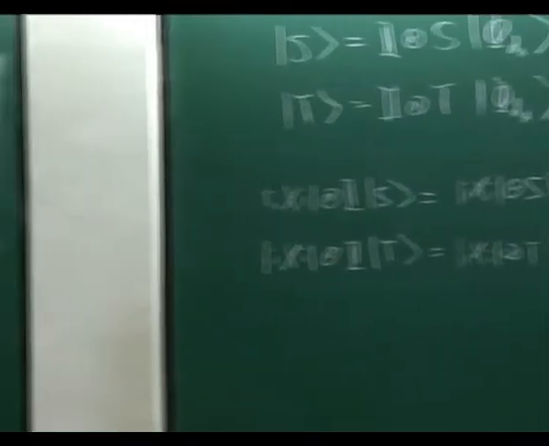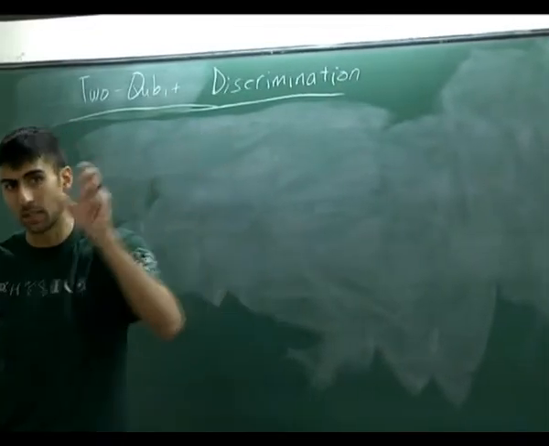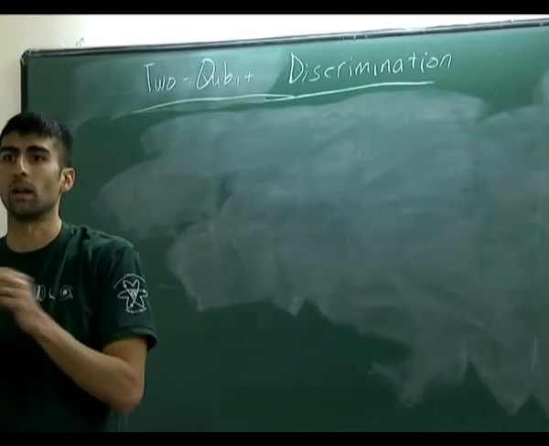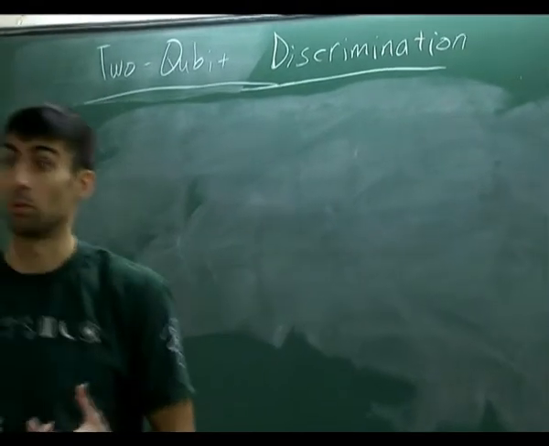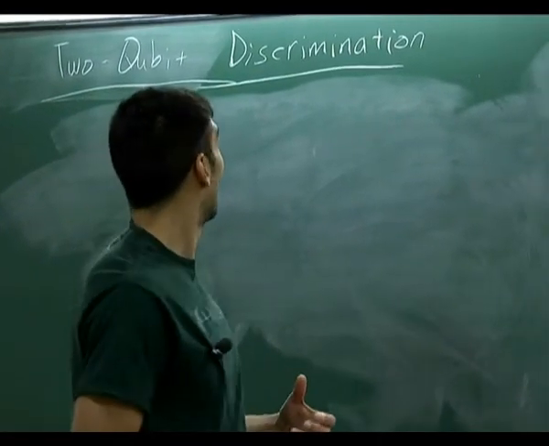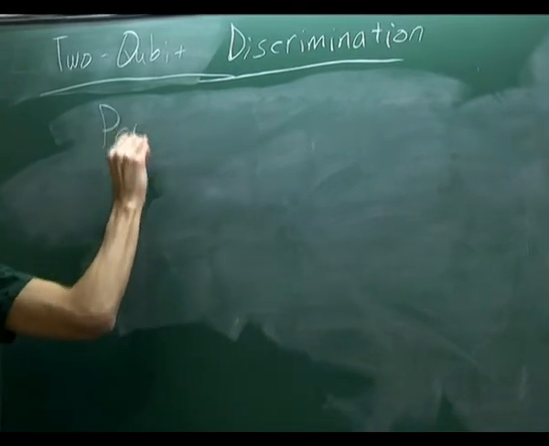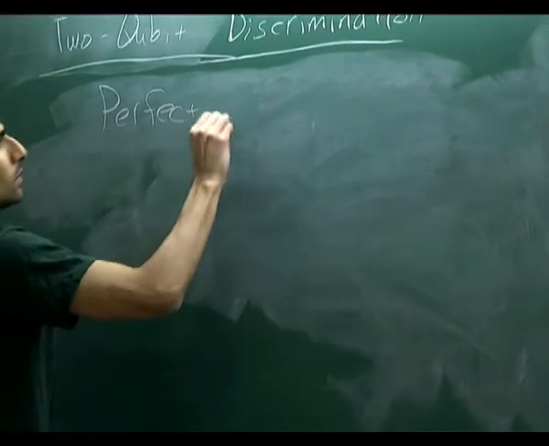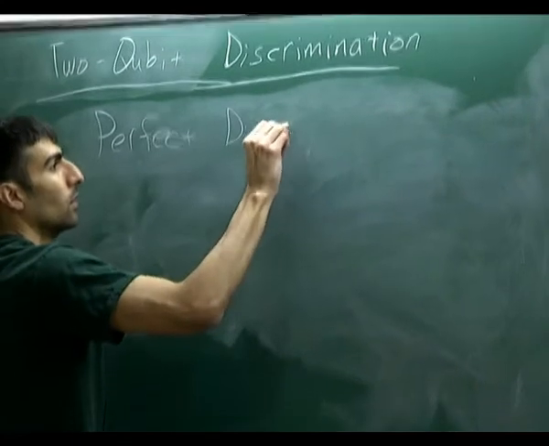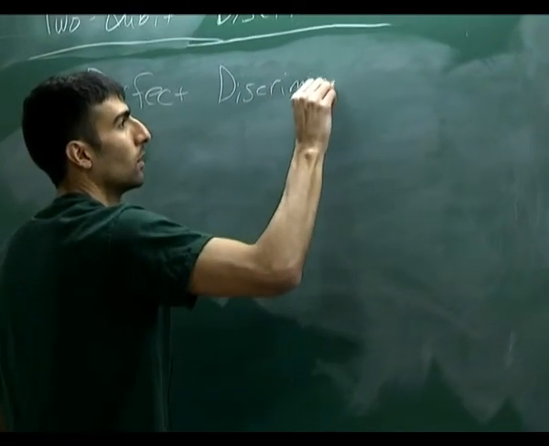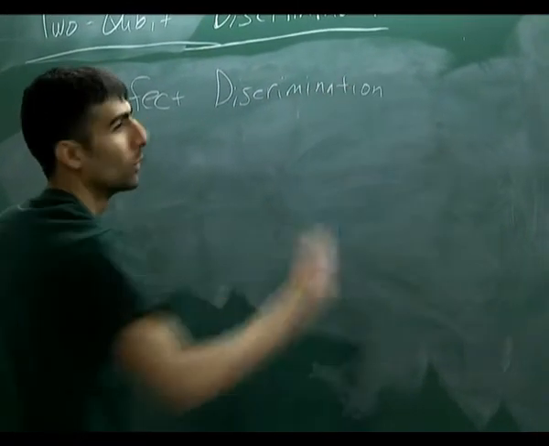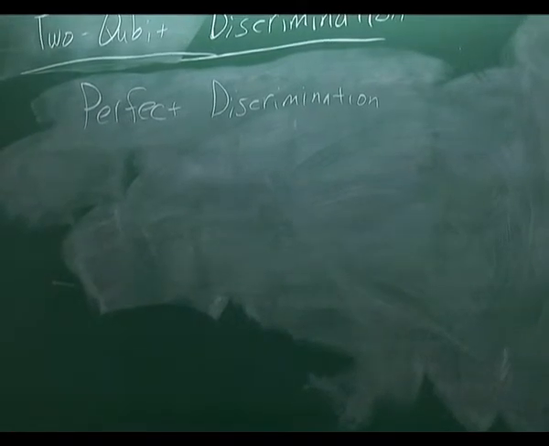No. Okay. Right. So we'll look at both separable and LOCC, and this is where we'll actually see specific examples where there's this gap between LOCC and separable operations. All right. And so here we're just going to focus on perfect discrimination, which means that our ensemble states must be orthogonal.